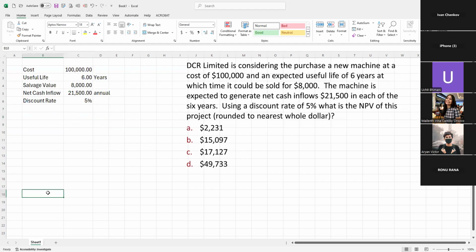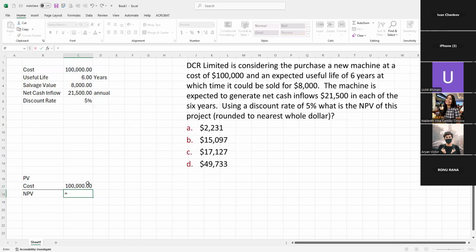We need to get the net present value. In order to get the net present value, I need the present value and I need the original cost, the current cost that I have to pay. Current cost, I already have it, that's $100,000.